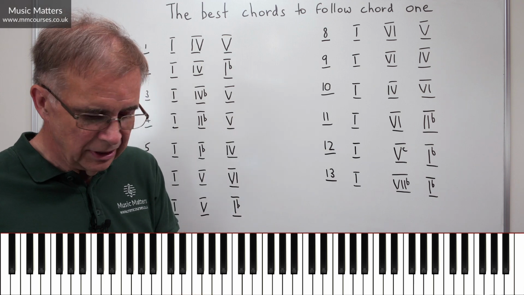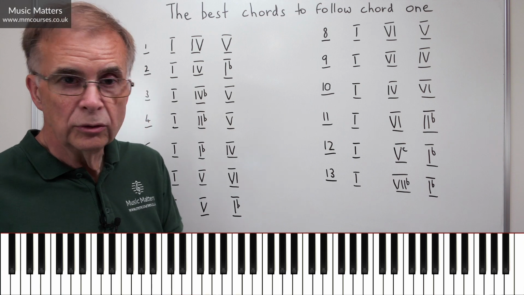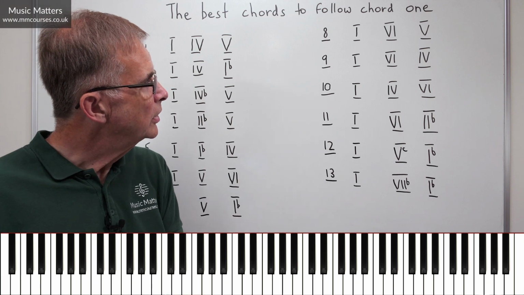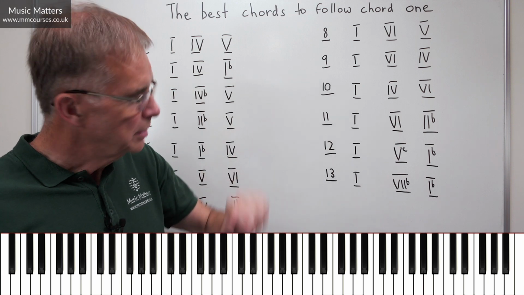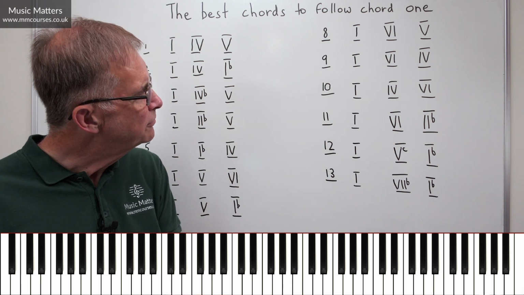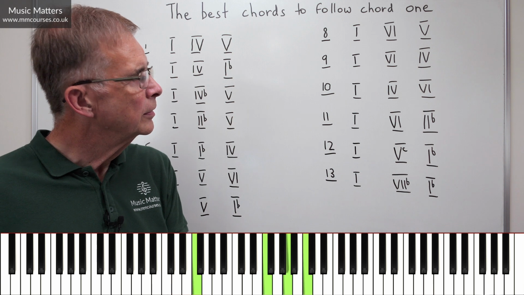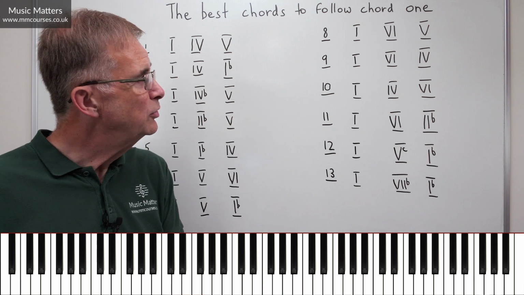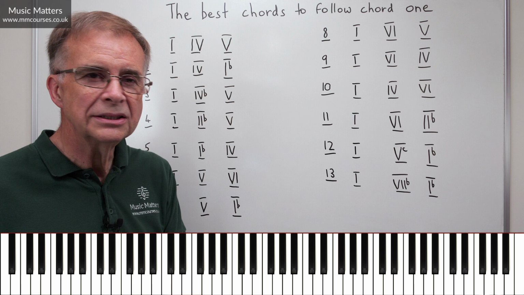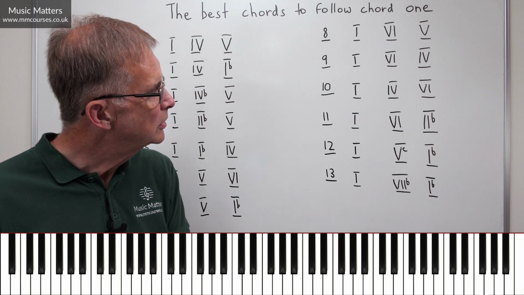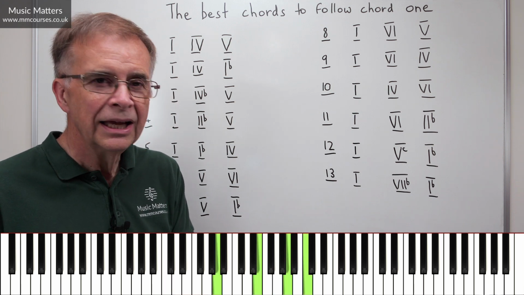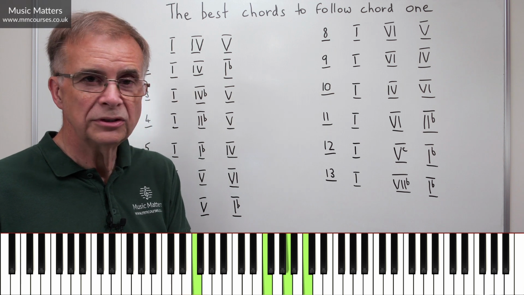Okay, let's look at number 9. And of course there are other options, so it's not the only one in town. Option number 9 is going 1 to 6 to 4. It's another one of those where if you want to, you can repeat C at the top, because C belongs to 1 and to 6 and to 4. You don't have to do that.